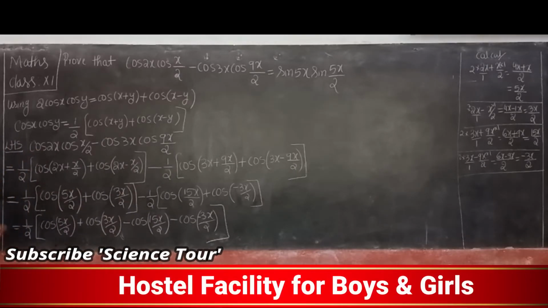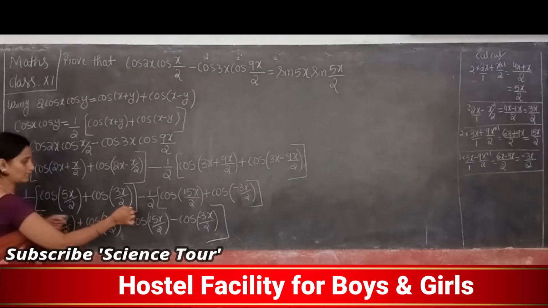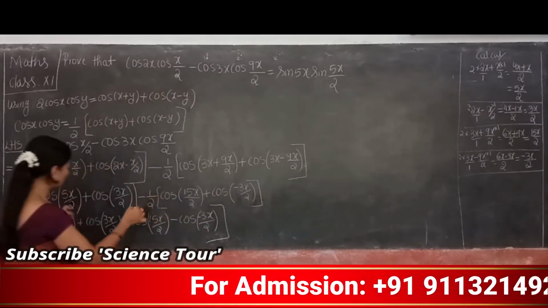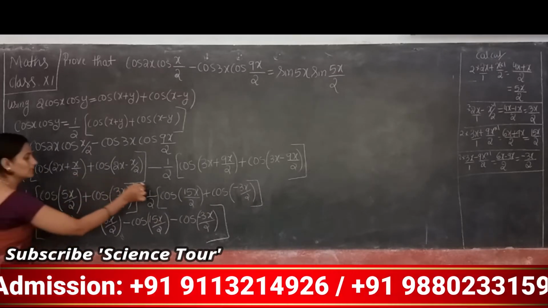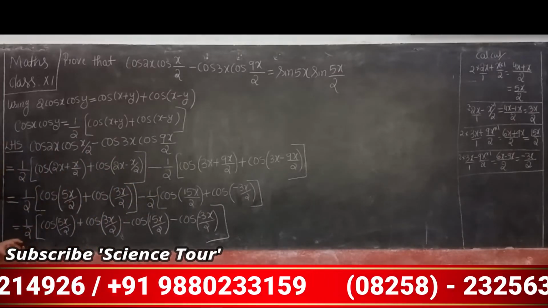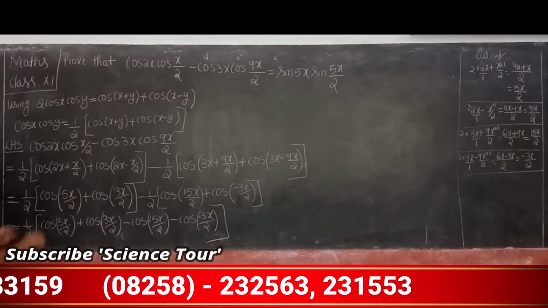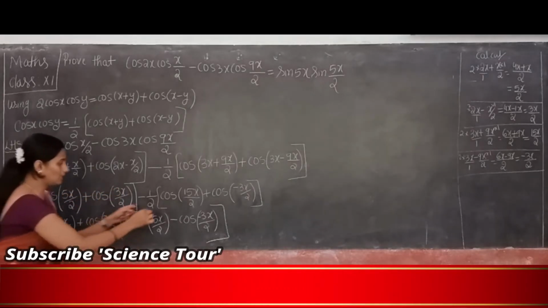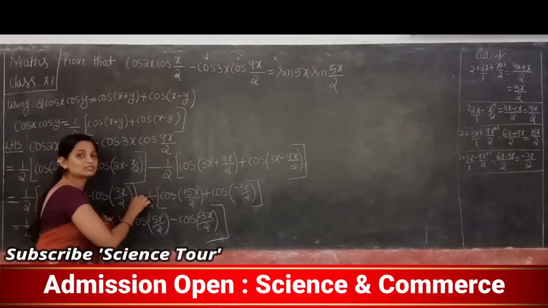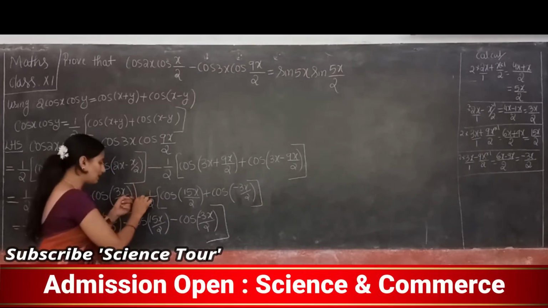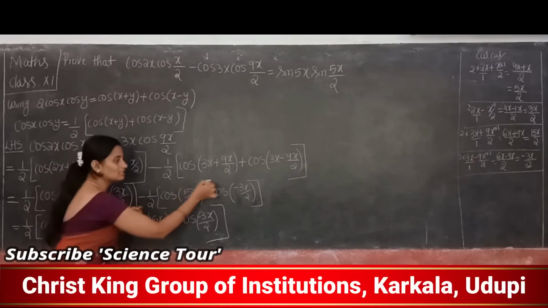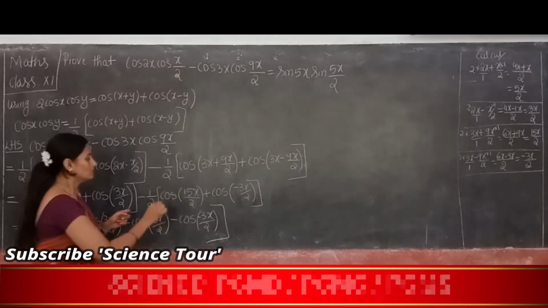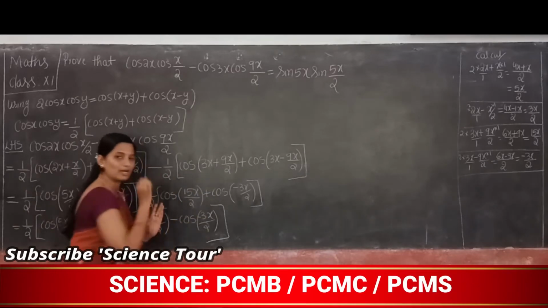Clear? So here it was two brackets, one and second one. So for this bracket and this bracket, what is common here? Half. So that half I took outside. So then this one plus this one. But here bracket and outside is minus, means you should multiply by minus to this term and this term. So plus into minus is minus.